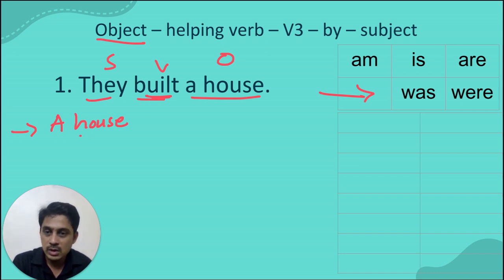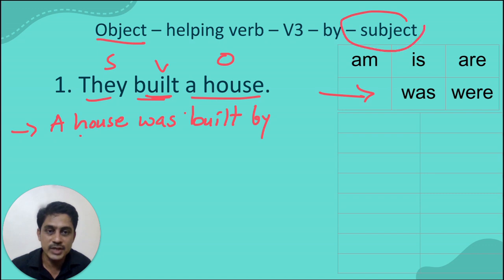A house. If this is singular, we will use was. If it is plural, we will use were. House is singular, so we will use was. A house was. Third form, that is past participle of build, it is built itself. Then by and at last subject. Subject is they. Remember, they is a pronoun.